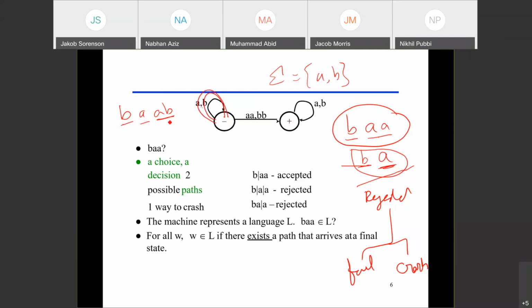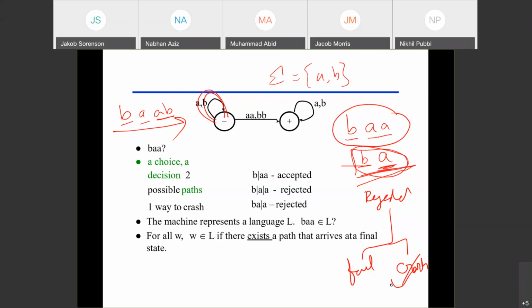And now we have AB, a letter to pass to this machine. It is not finished yet, but the machine is not able to take that input. So it is again a rejection, but this is a crash. But when you completely traverse the whole word, like before, it will be rejected, but it will be a fail. That's the difference between fail and crash.